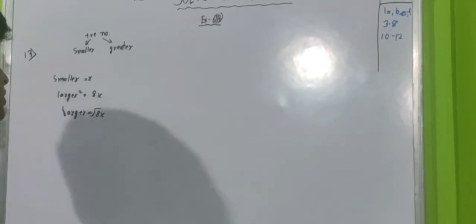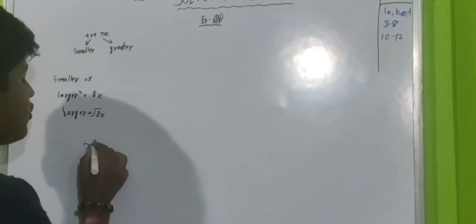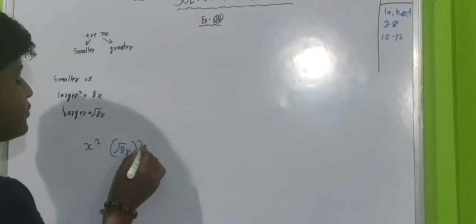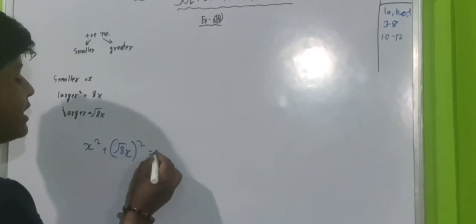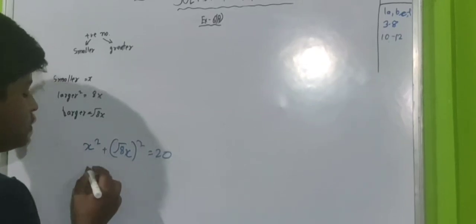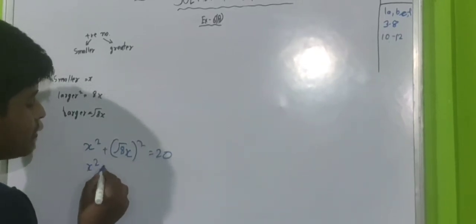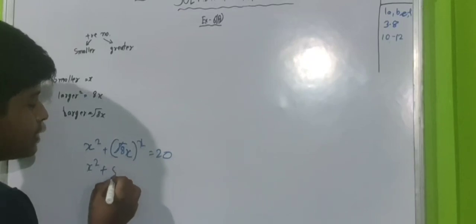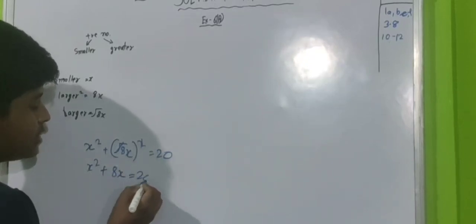And the question also says that the sum of the squares of both terms, small and larger, will be 20. So now let's solve this. Square plus here square and square root will get cancelled, so it will be x square plus 8x equals to 20.